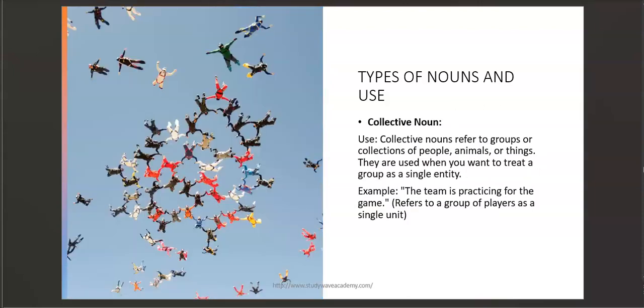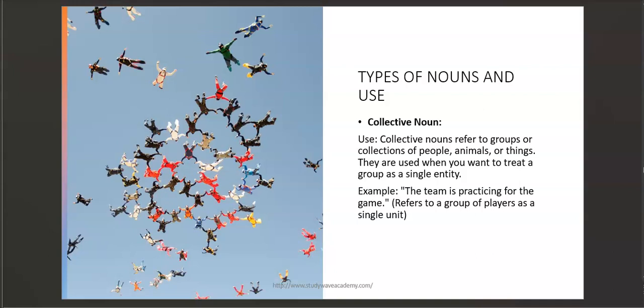Then let's look at the collective nouns. With this, the use is that the collective nouns refer to a group or a collection of people, animals, or things. They're used when you want to treat a group as a single entity. For example, when you want to talk about the players of a certain team, like football players or basketball players, you will say a team of football players, okay?